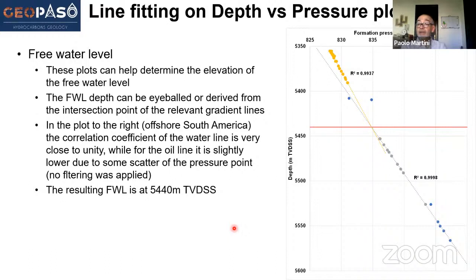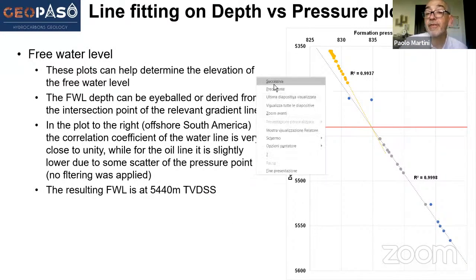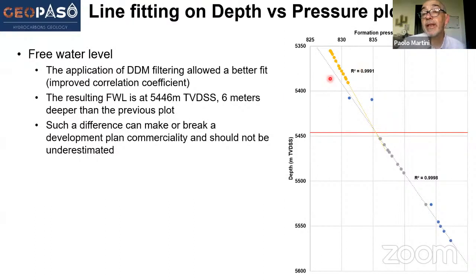The calculated free water level is at 5,440 meters TVD subsea. Now, if you filter the points in the oil leg, especially according to the drawdown mobility, you remove most of the scatter.